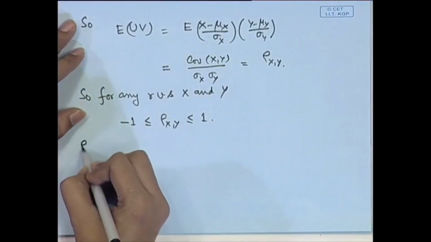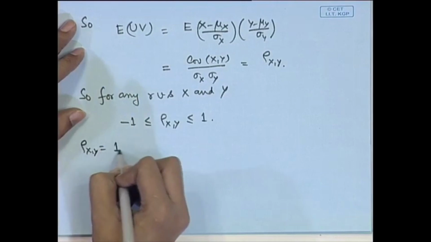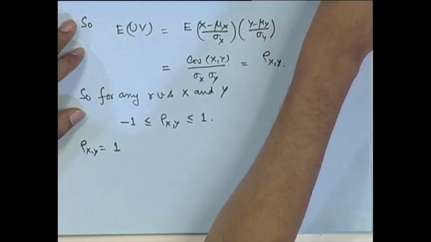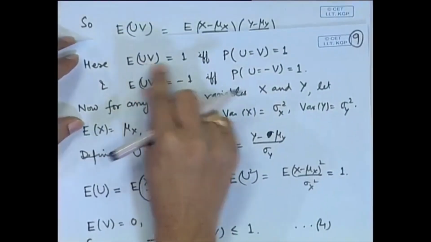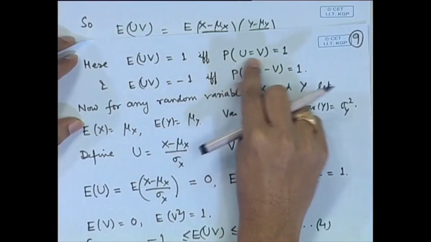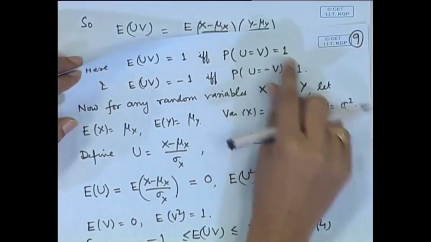Now, rho XY is equal to 1. So, we look at the conditions for attaining the equality. Expectation of UV was 1 if and only if probability of U is equal to V is 1.